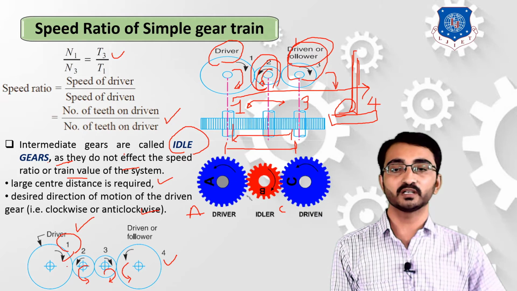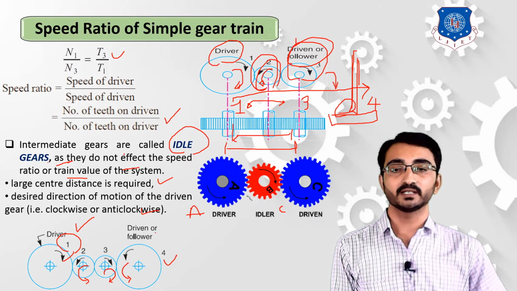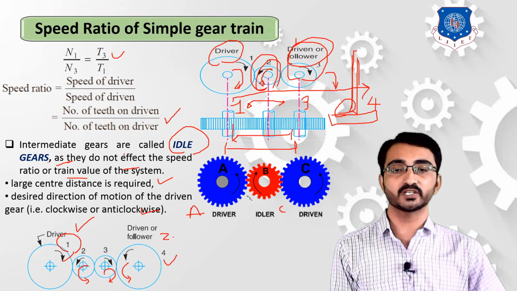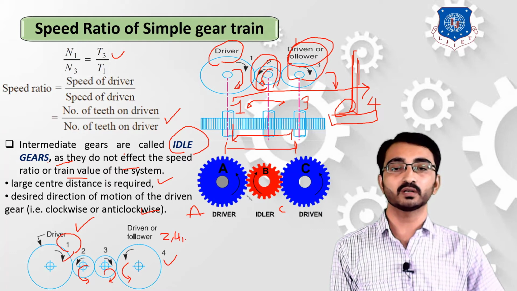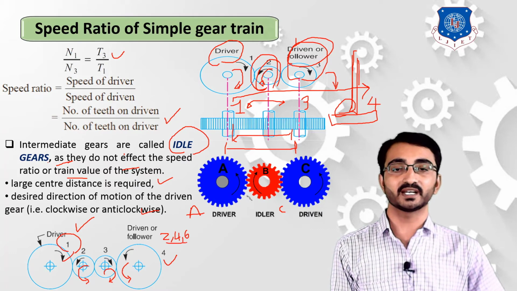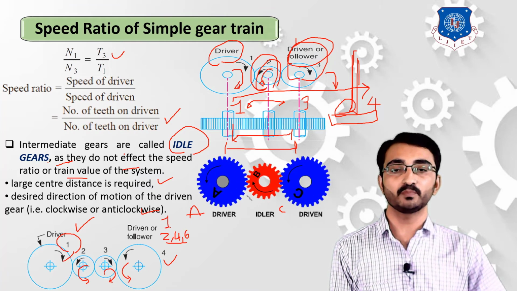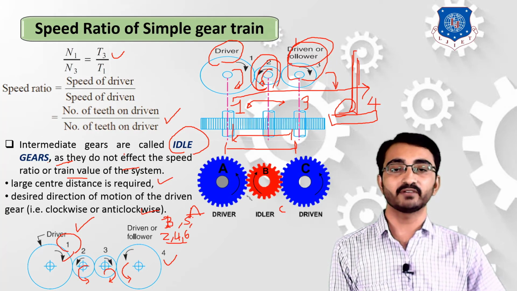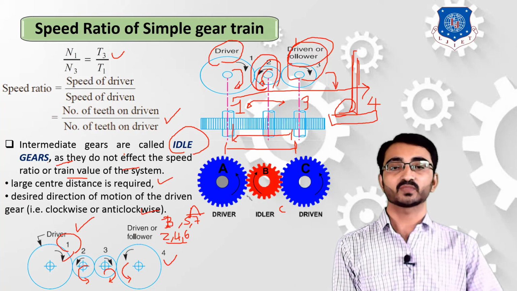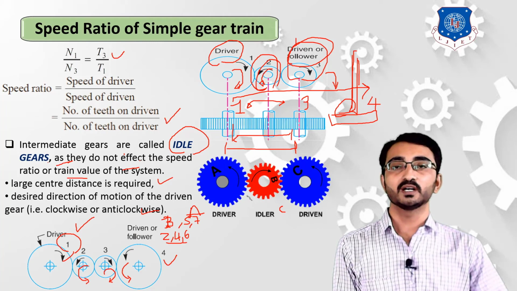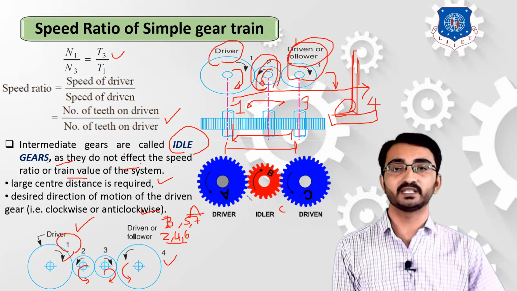So if you want to achieve the opposite direction, then you can use combinations such as 2, 4, 6 gears in the assembly. And if you want the power transmission to take place in the same direction, then you can use combinations such as 3, 5 or 7 gears in a simple gear train. Okay, so this is all about the speed ratio of a simple gear train.